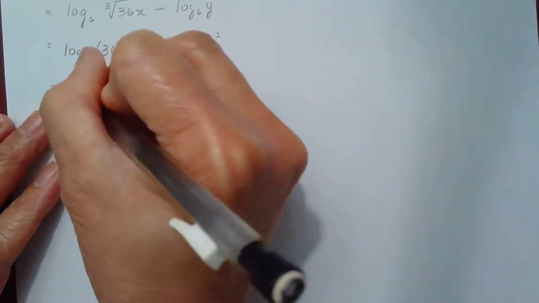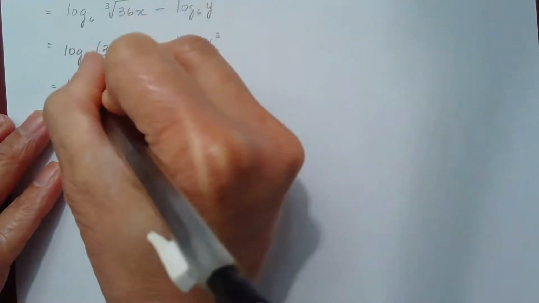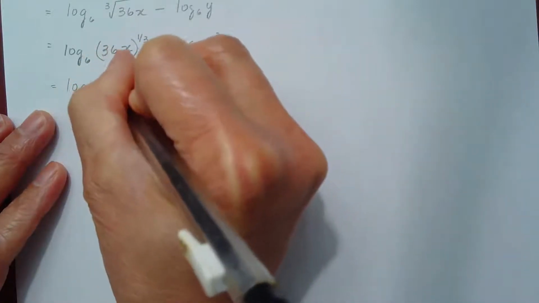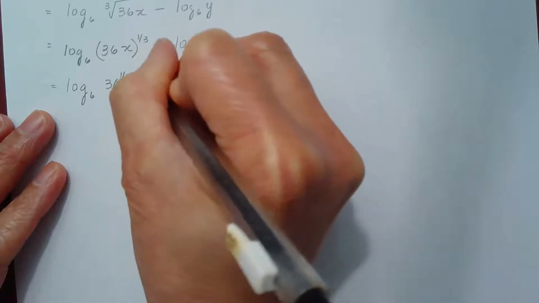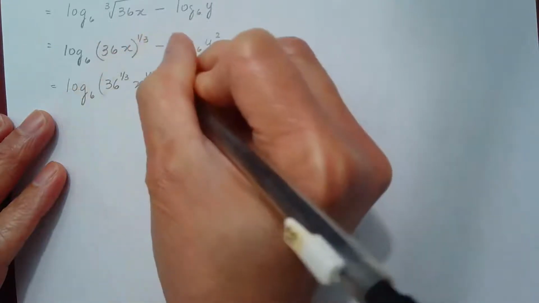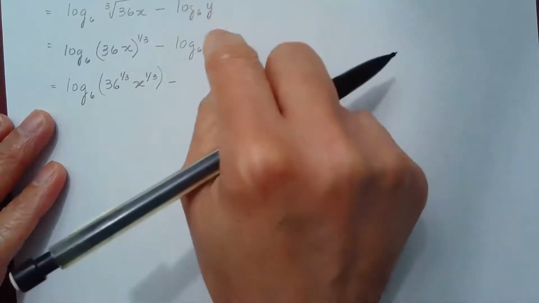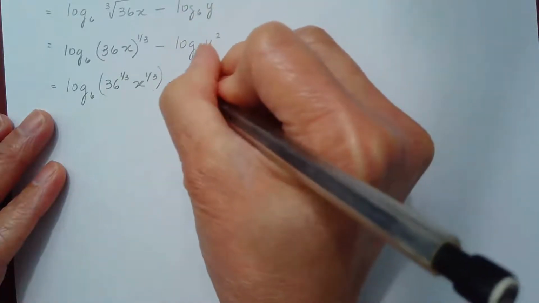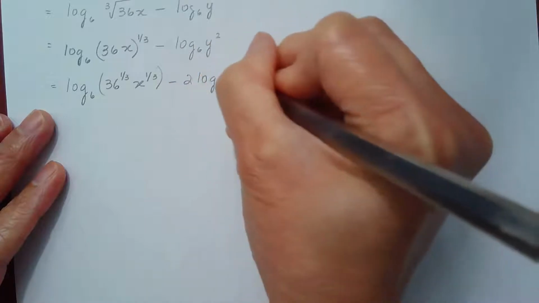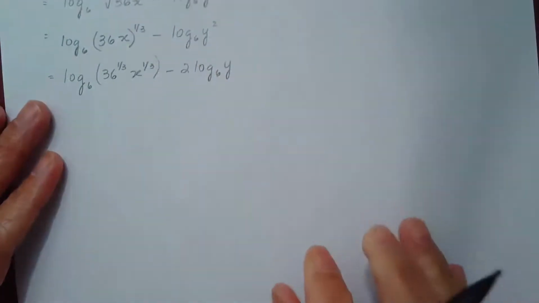I can write that as log base 6 of 36 to the 1/3 times x to the 1/3, minus, and then here I can put the 2 at the front, log of y base 6.